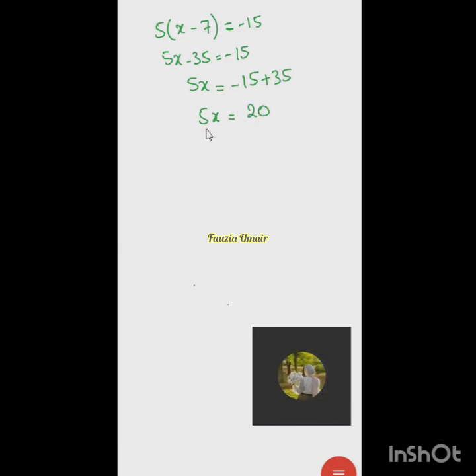Now what to do? Take the coefficient as a denominator. That's right. Divide both sides by the coefficient. So x is 20 by 5, we cancel, and the answer is 4. Very good. This is your answer, right?